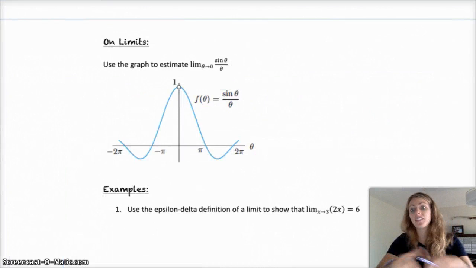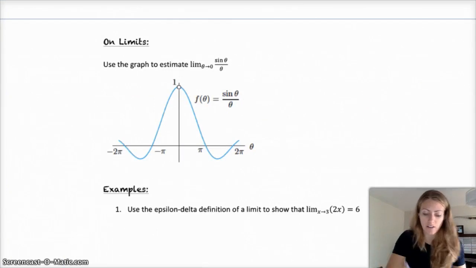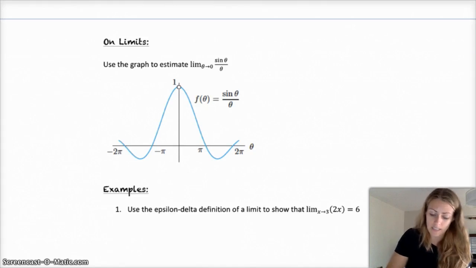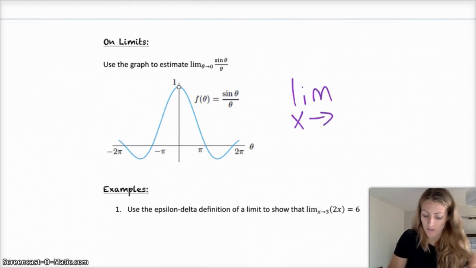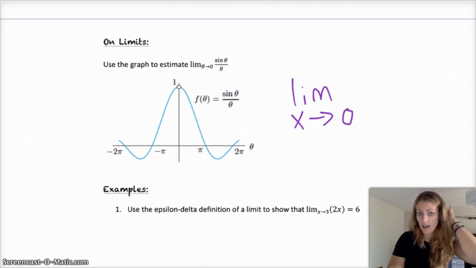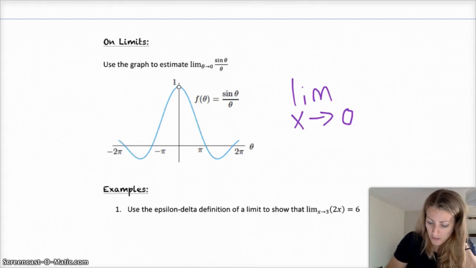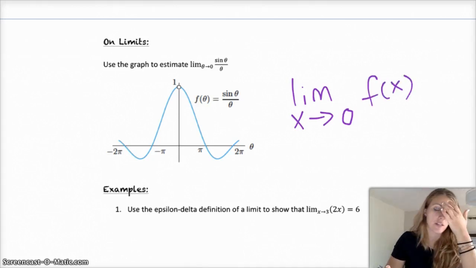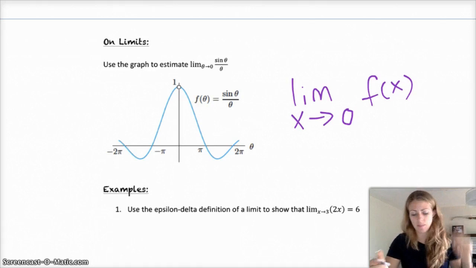So what does this look like on a graph, and what does that actually mean? Basically, if I wanted to know on this graph what's the limit as x approaches, let's say 0, because that's where the funky point is, of this function. They described it as f of theta, but same idea.